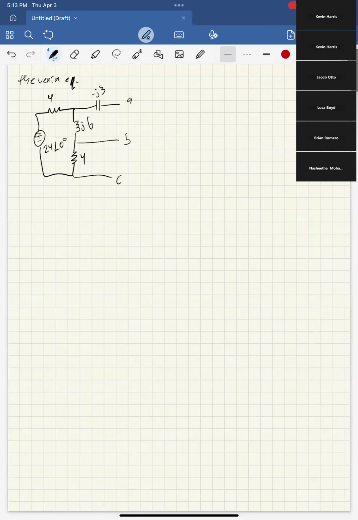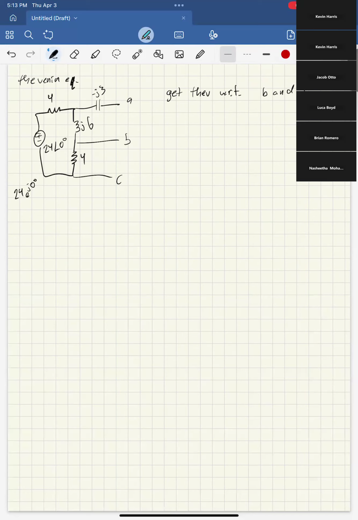And it says get the Thevenin circuit with respect to B and C. So what do we have to do? We just do the Thevenin equivalent circuit the way you've always known how. Also, this angle notation is just like 24 e to the j0. That's what the angle 0 degrees means.